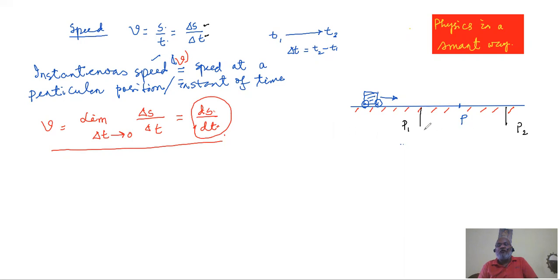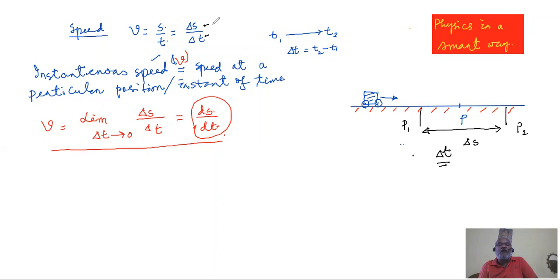Okay, you measure the distance between the 2 points, that is delta S, and at the same time, you also measure with the help of a stopwatch the time taken to cover that delta S.